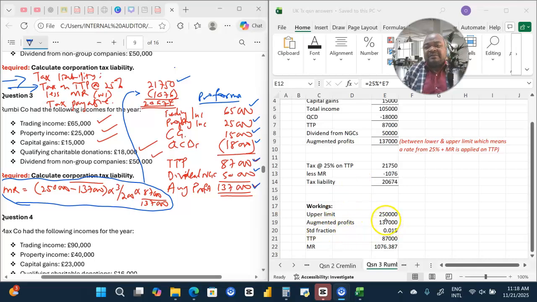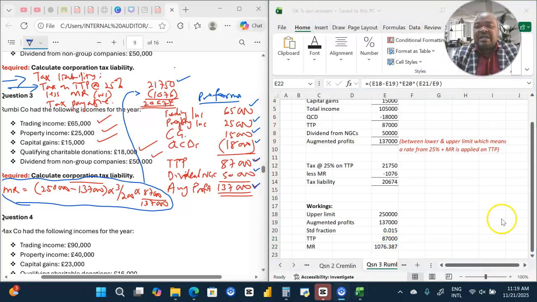You can put the figures in the formula. The upper limit is 250,000, the augmented profit figure is 137, the standard fraction is 3/200, and the TTP is 87. All these figures are required in the marginal relief formula. So that's how we did it, and we came to the marginal relief figure of 1,076, and this is the figure which we used there.